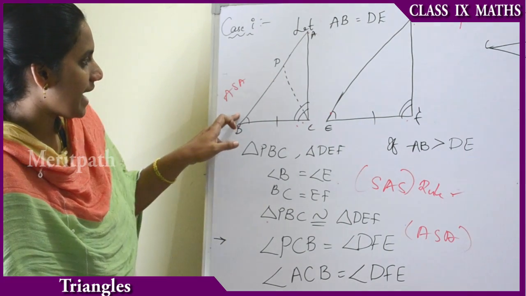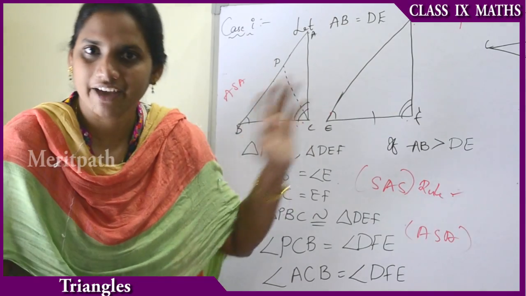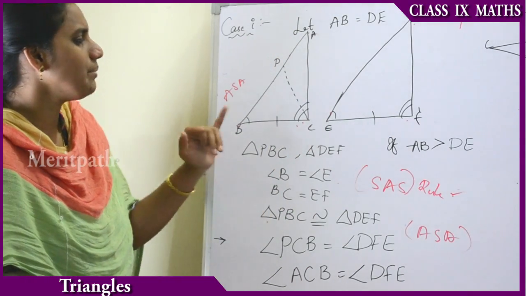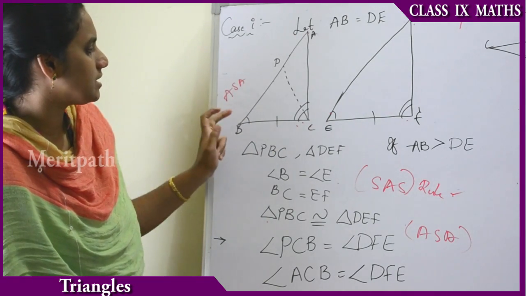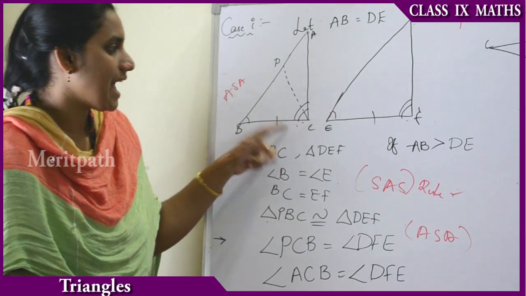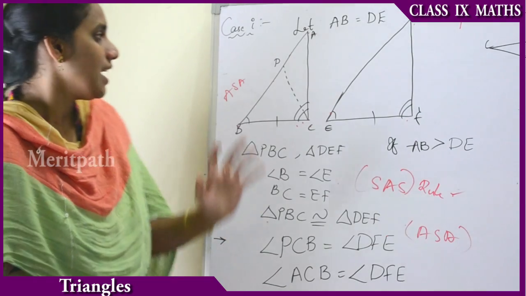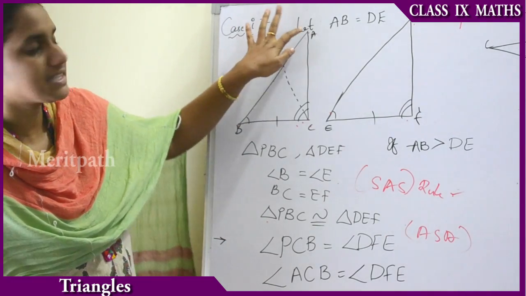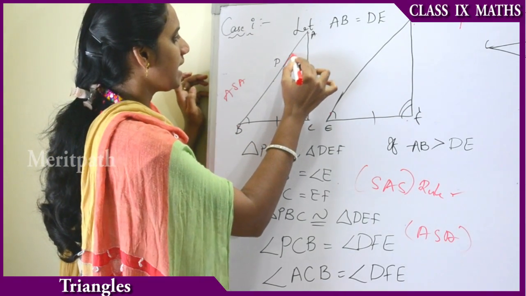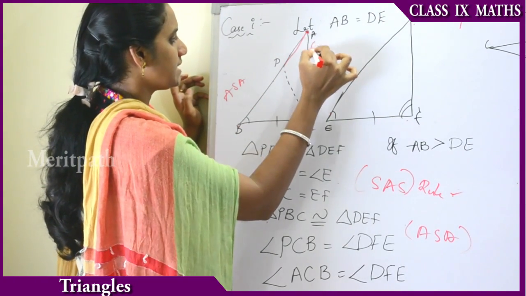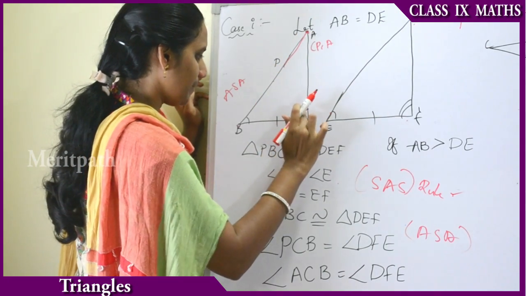At the same time, for triangle PBC and DEF also, angle C and angle F will be equal. Now how is it possible for triangle PBC and triangle ABC that angle C equals angle F? It is possible when the point P is the same as point A, that is, P and A are the same point, and the difference is eliminated.